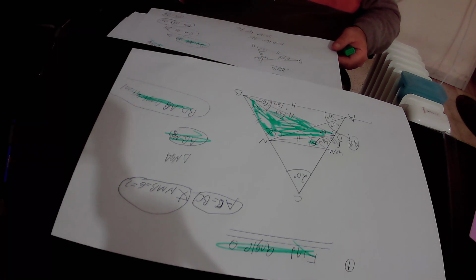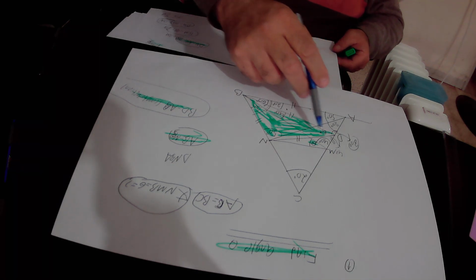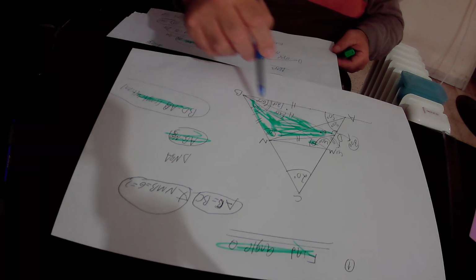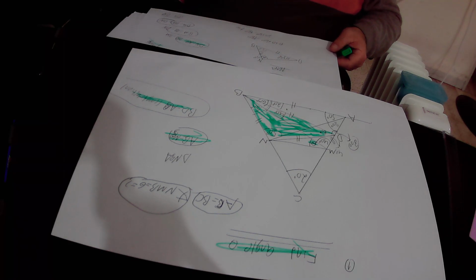Then we focus on triangle DMB. I copied this triangle DMB and then we analyze it.